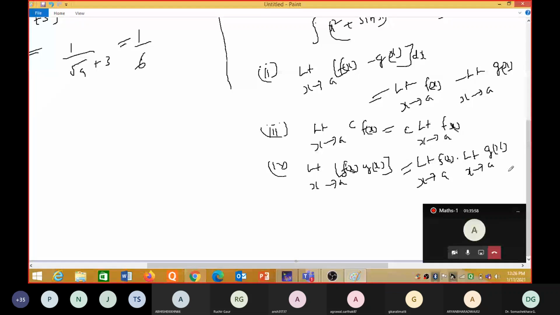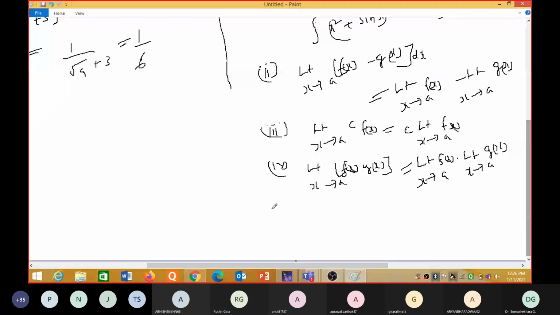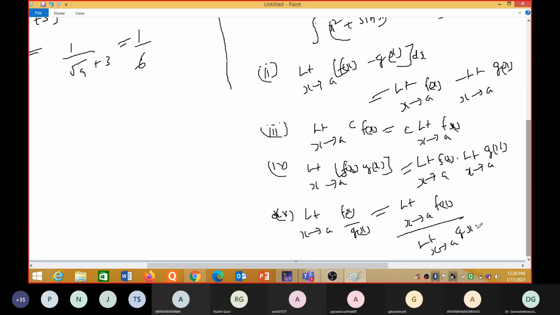And the last one, the fifth one, when limit x tends to a f of x by g of x, we can apply the limit on the numerator separately and the denominator separately. Limit x tends to a f of x in the numerator, divided by limit x tends to a g of x in the denominator.